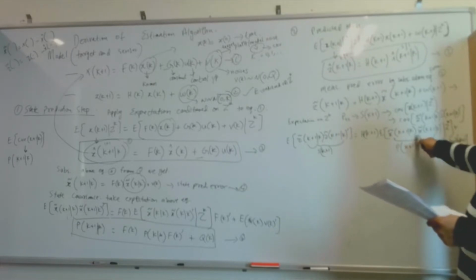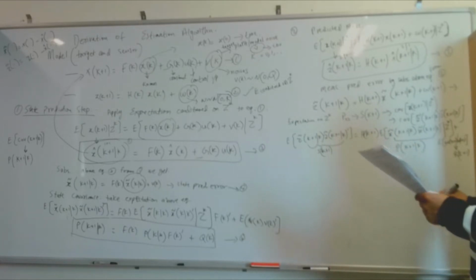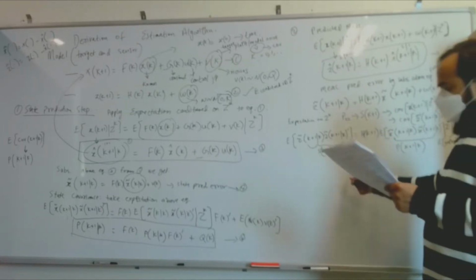This is the covariance of the object state, and this is R k and this S k.